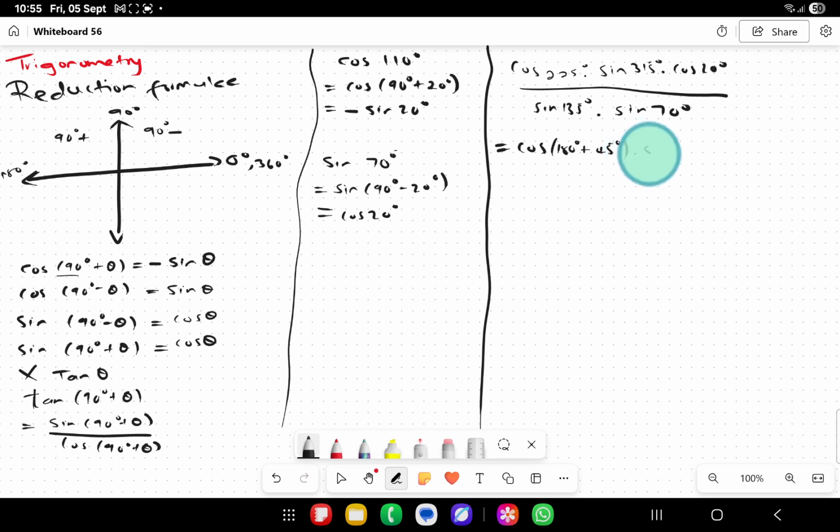Sine 315 is just less than 360, so it will be sine of 360 degrees minus. Choose between 30, 45 and 60. 45 will work, so it's minus 45 degrees. Now coming to cos 20 and sine 70.